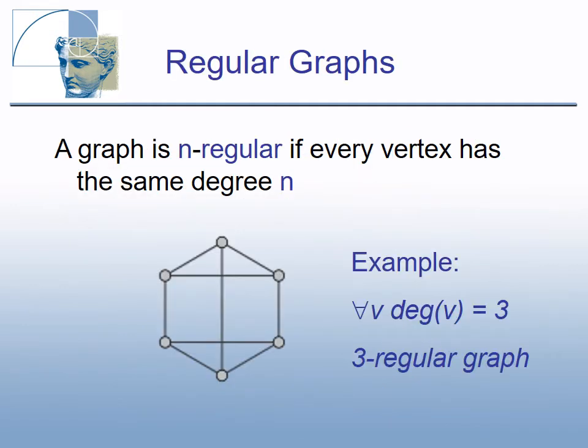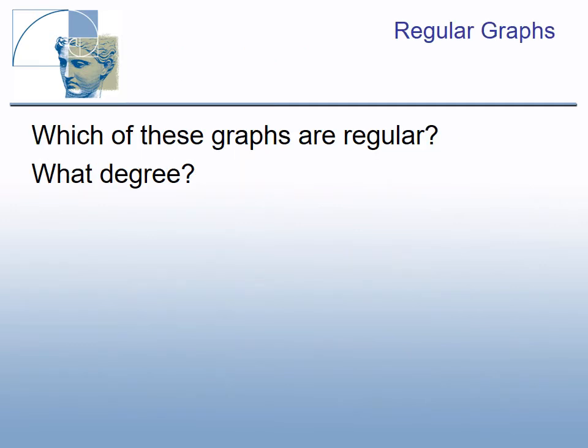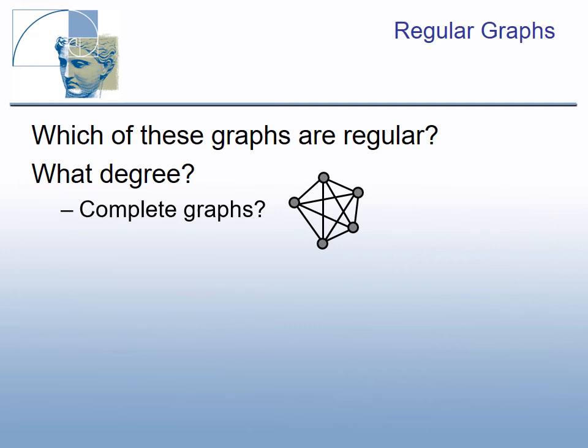N-regular graphs are graphs with vertices having the same degree n. You can see the 3-regular graph in the picture. One more test is here. You need to answer these 2 questions for the following graphs. Are complete graphs regular? What about cycle graphs?